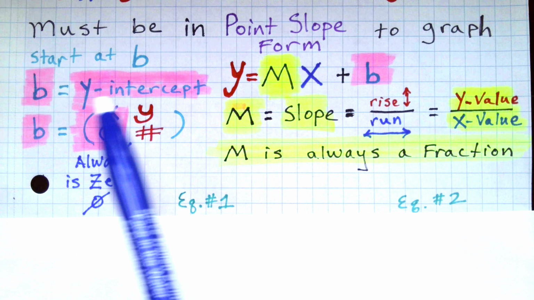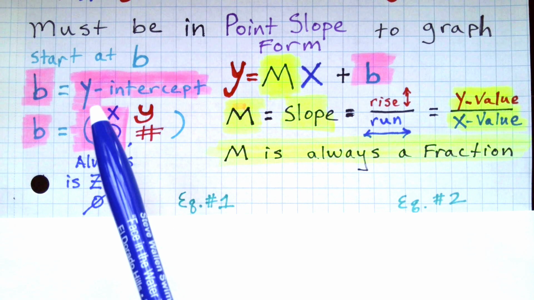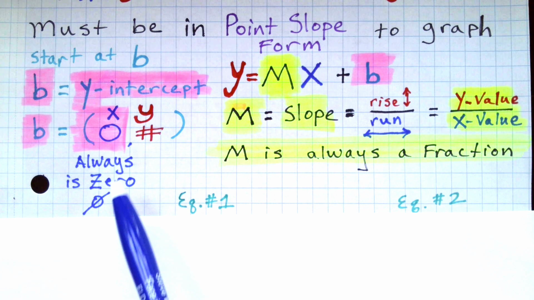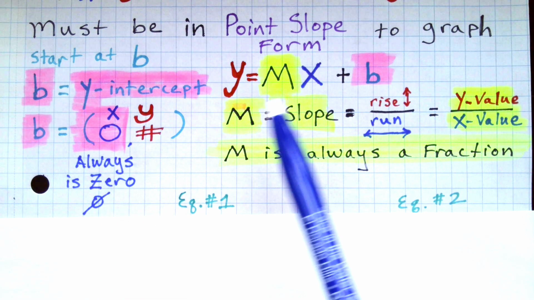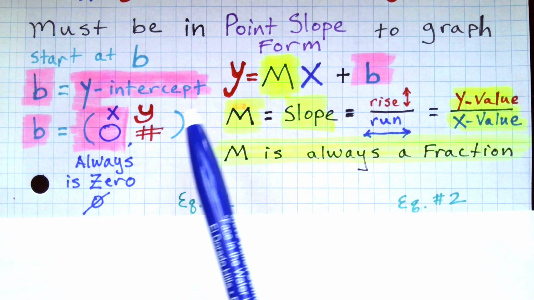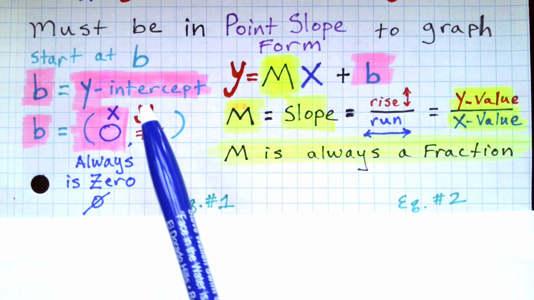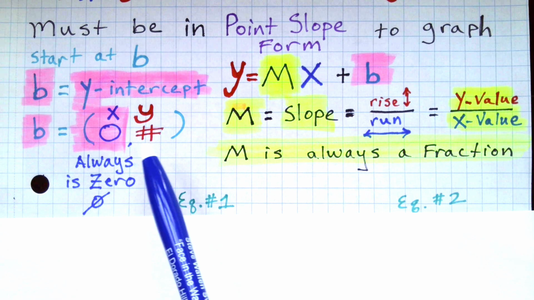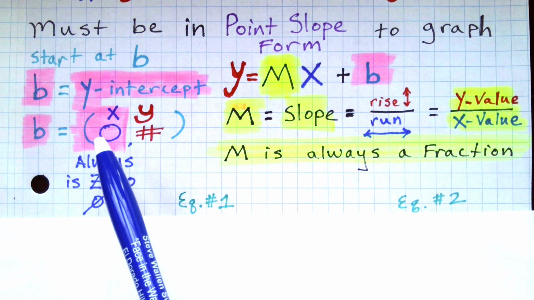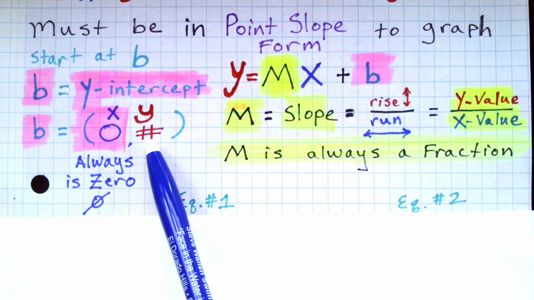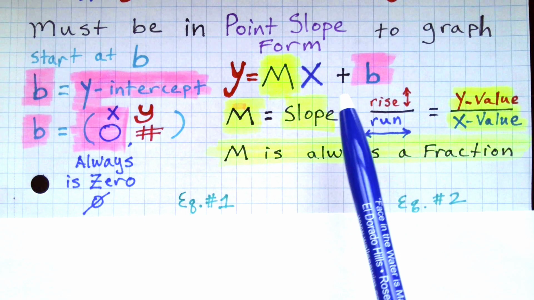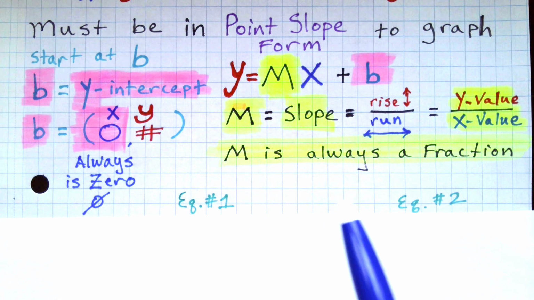The y-intercept always has an x value of 0. Whatever this real number is for b, that's your y number, and that's your first starting coordinate point. You start at your y-intercept when x is 0 and y is whatever the b value is in your equation.